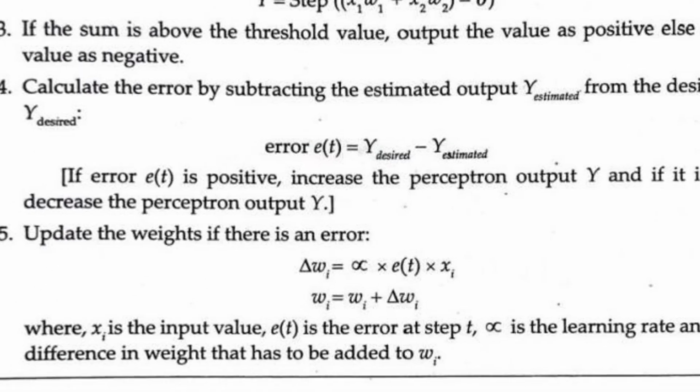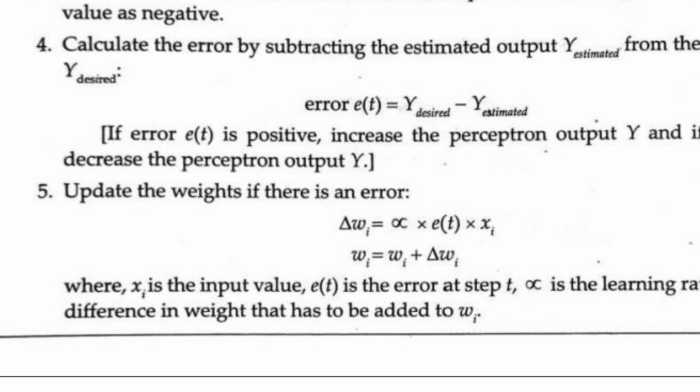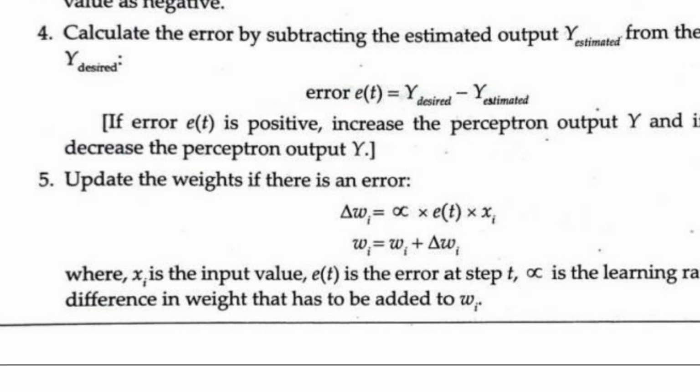The next step is to update the weight. How much to be updated? That is the delta component, delta W, which is equal to the learning rate. One more input is required here: learning rate times the error E of t times x. Repeat this process for all x.